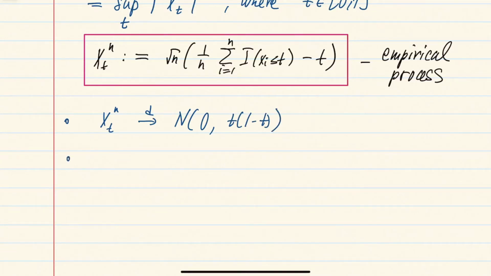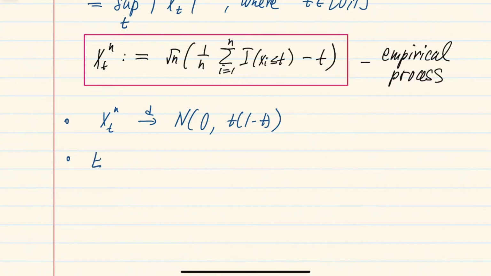But we can see that finite dimensional distributions of this process, if you pick finitely many times, let's say t1 through tk, will also converge to some Gaussian vector by the multivariate central limit theorem. You just have to calculate what the covariance is.